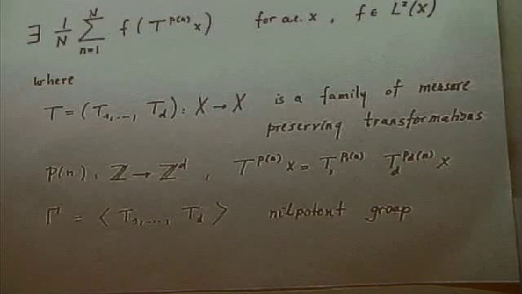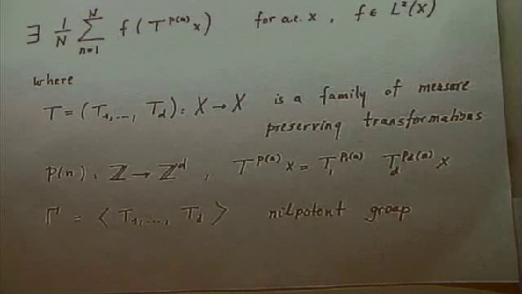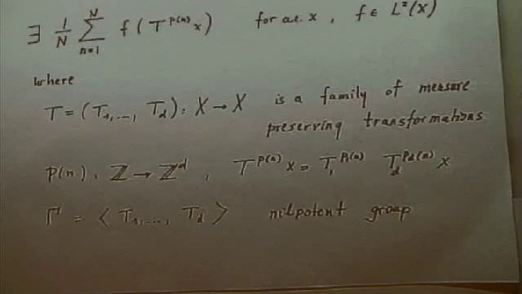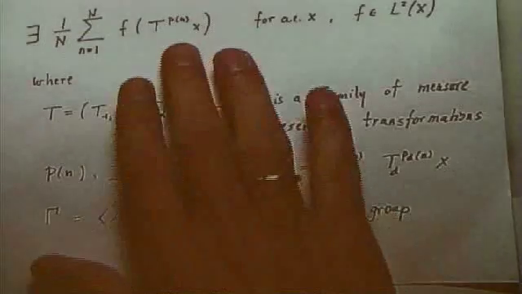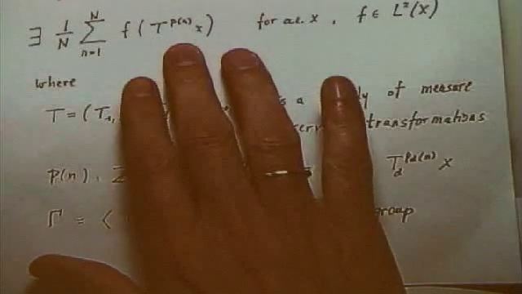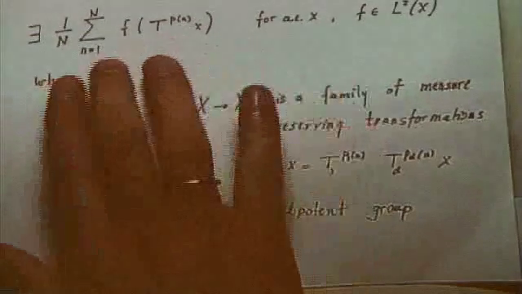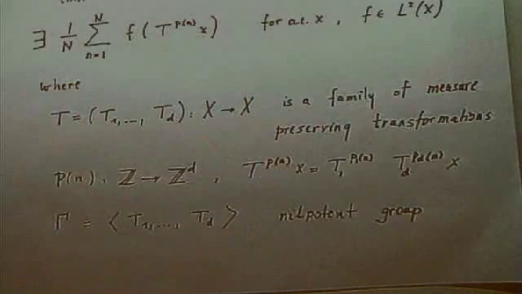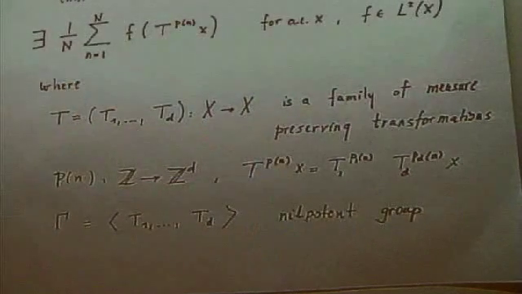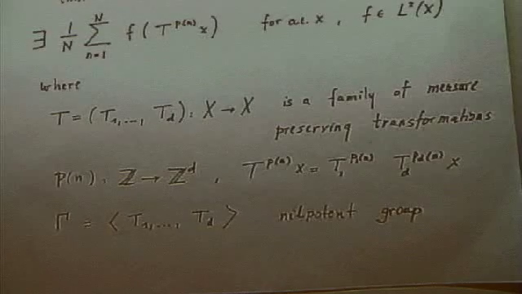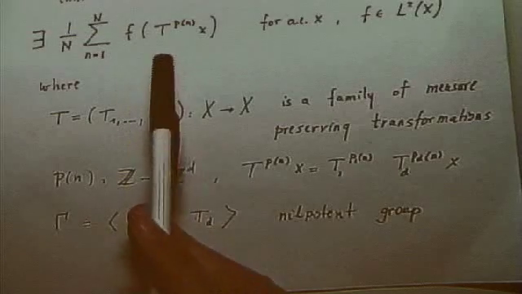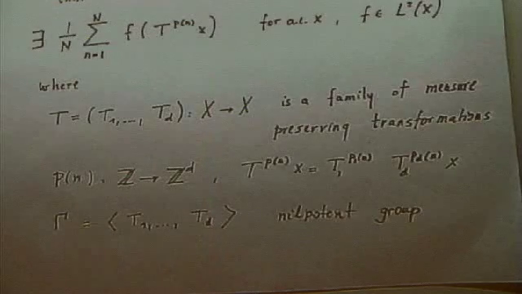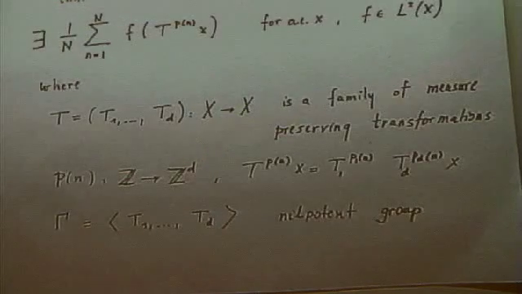And basically, the corresponding ergodic theorem is just the analog of the ordinary ergodic theorem, when you replace the full orbit by just this sequence of points. So this is the analog of the ordinary ergodic theorem over these subsequences.